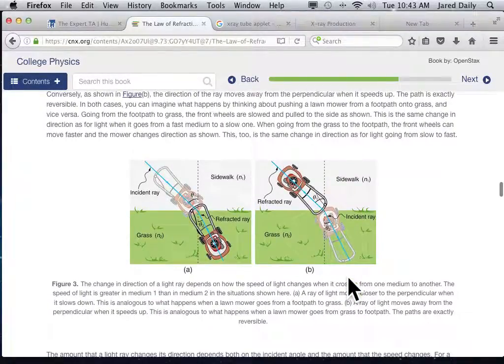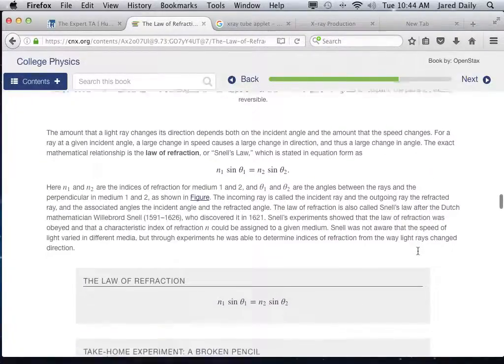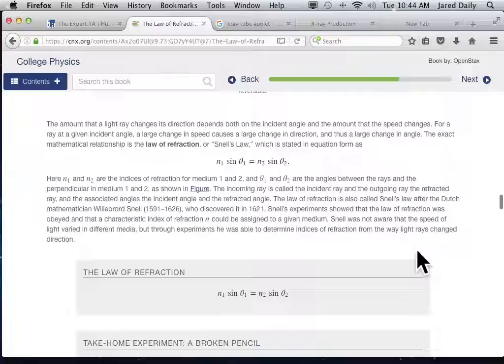Here they show the law of refraction with a lawnmower, very similar to our four-wheeler example. But the law of refraction comes down to a mathematical law called Snell's law, where the relationship between the incoming ray of light and the outgoing ray of light is determined by the sines of the angles and the indexes of refraction of the materials.